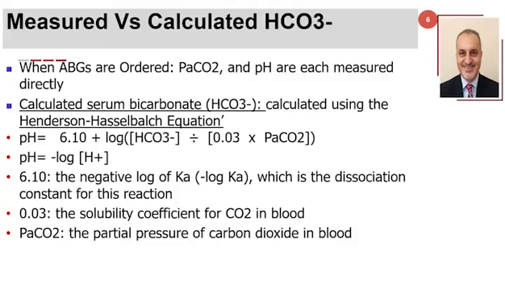One is in the ABG, which is a calculated bicarbonate, not measured. The other bicarbonate is the measured one, which you see in the chemistry panel when you send normal blood. When you send the ABG, you measure the PCO2 and the pH, and then you calculate the hydrogen ion concentration.